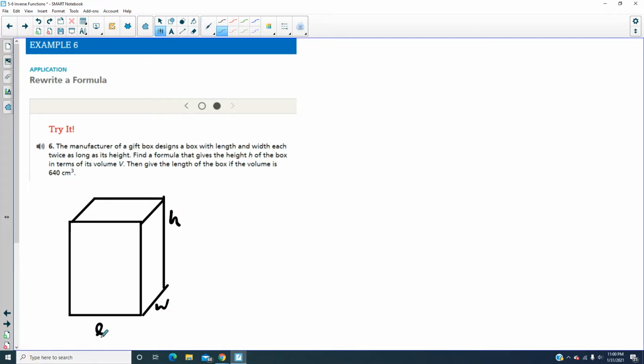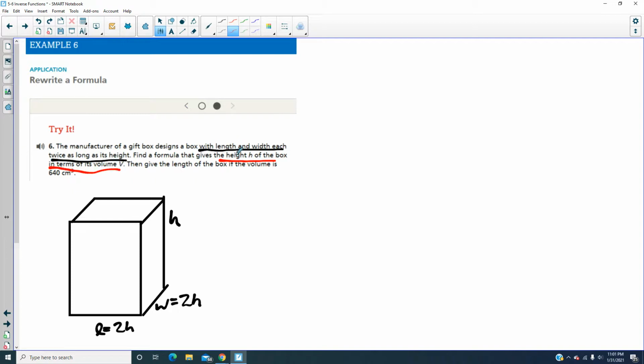And usually we use L, W, and H. But it says length and width each twice as long as the height. So that means the width is twice as long as the height, and the length is twice as long as the height. So the first thing that they want me to do is to find a formula that gives the height of the box in terms of the volume V.